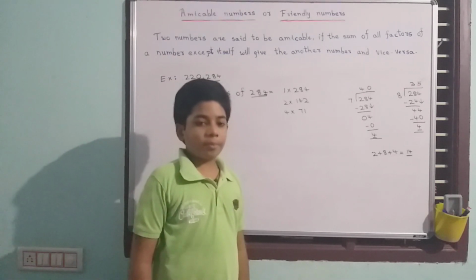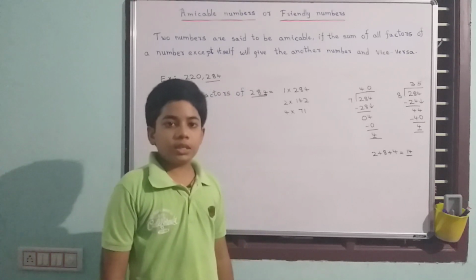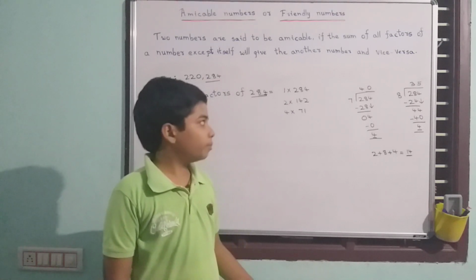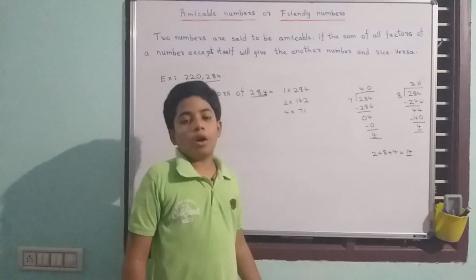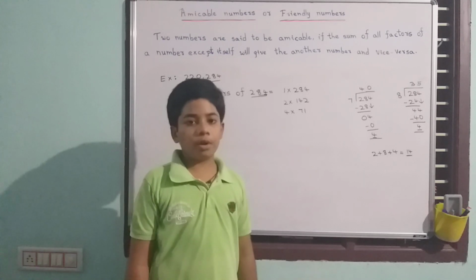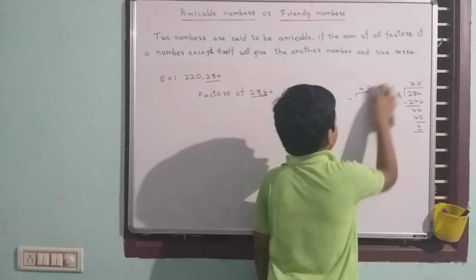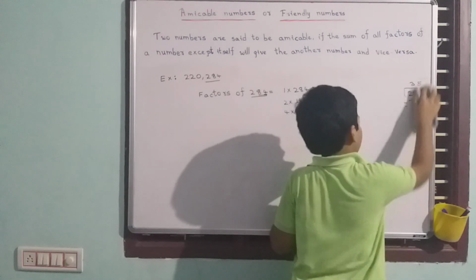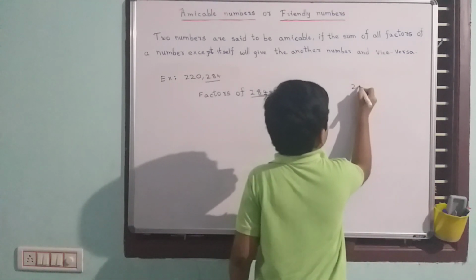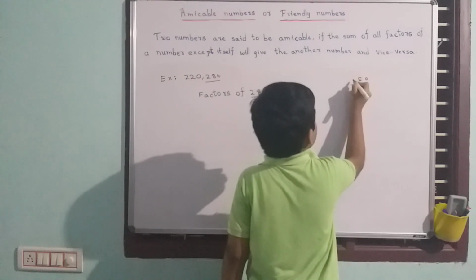Let us check with 11. The divisibility rule of 11 is that we have to find the sum of the odd places and the sum of the even places and subtract them. After subtracting, the number has to be 0 or a multiple of 11. Let us check whether 284 is divisible by 11 or not. 284. 4 is odd, 8 is even, 2 is odd.